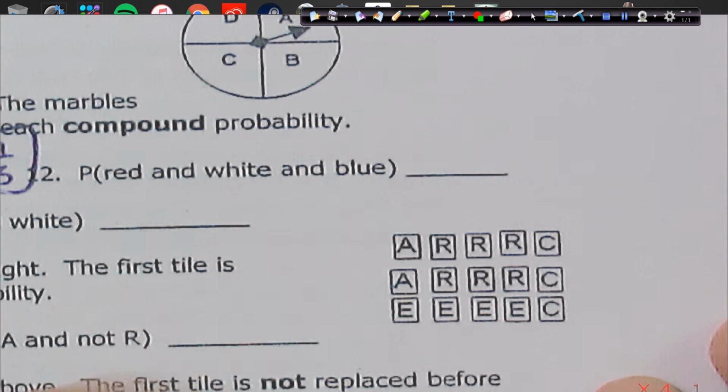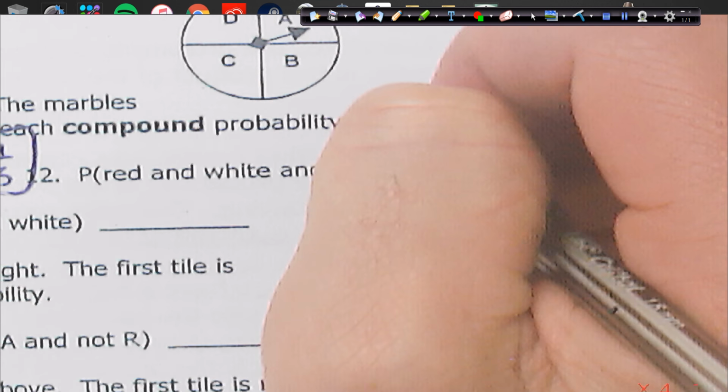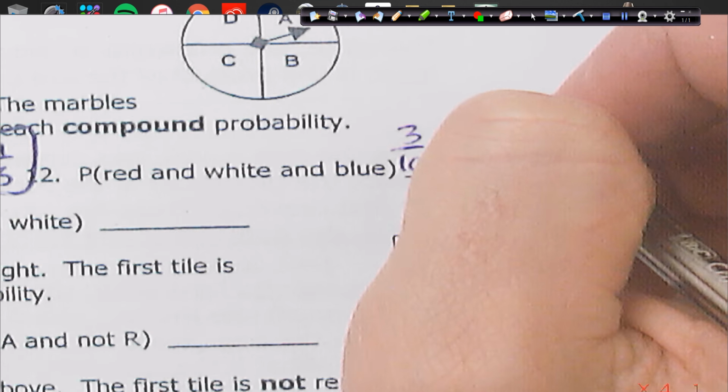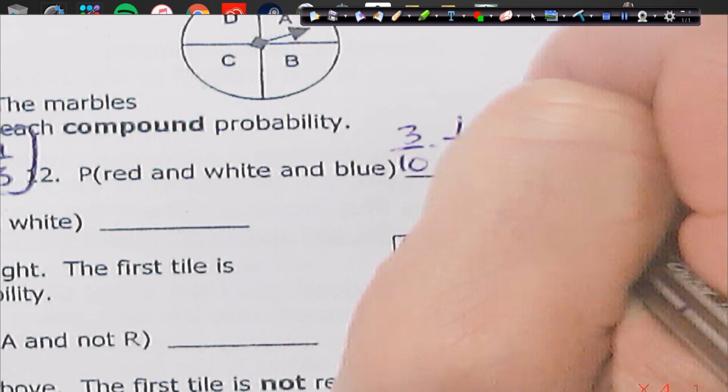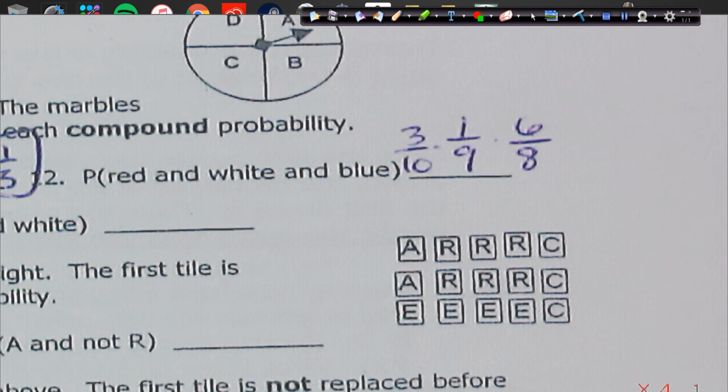Red, white, and blue: we have 3 out of 10 times 1 out of 9 times 6 out of 8. We multiply those together. 3 times 1 times 6 is 18, divided by 10 times 9 times 8, and we get 1 out of 40.